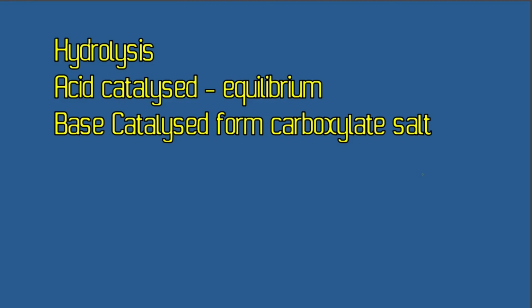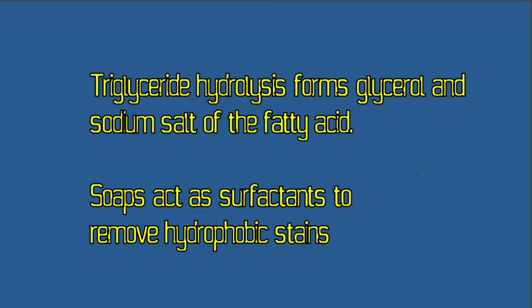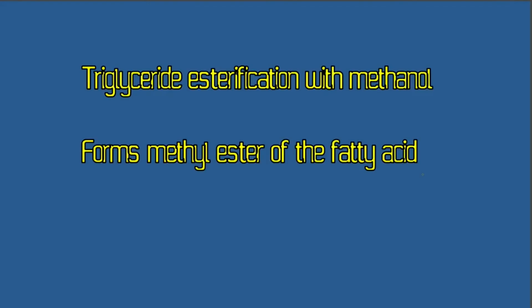We've looked at how if we used a base to catalyse the hydrolysis reaction, we're going to get a salt of the acid produced rather than the acid itself, and how we use this when hydrolysing oils and fats to produce soaps, where a triglyceride will break down into glycerol or propane-1,2,3-triol and the sodium carboxylate salt of the fatty acid. We've also looked at how we can esterify natural triglycerides to produce biodiesel by heating it in a catalytic amount of potassium hydroxide and methanol to make a methyl ester of whatever fatty acids were in the triglyceride.